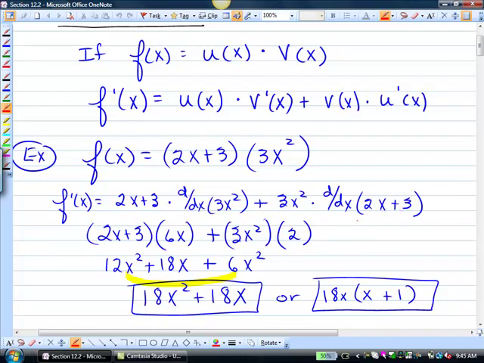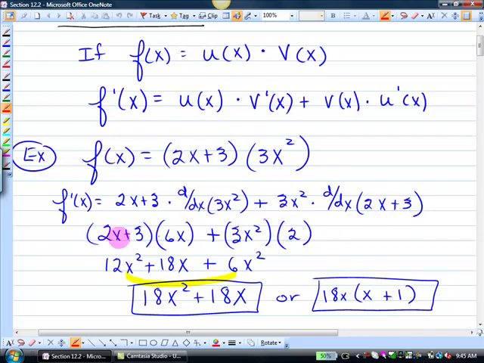So that tells me in that first line that I'm only taking the derivative in two places. I'm taking it here, and I'm taking it here. Okay? So 2x plus 3 times, and the derivative of 3x squared is 6x. Plus 3x squared times, what's the derivative of 2x plus 3? It's just 2.